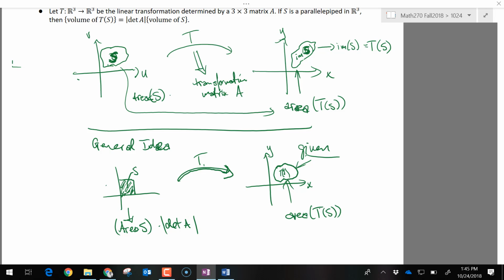The determinant of A isn't referring to any of the areas. The determinant of A comes directly from the transformation itself, from the function itself. Yes, it is the Jacobian. Yes, you did.